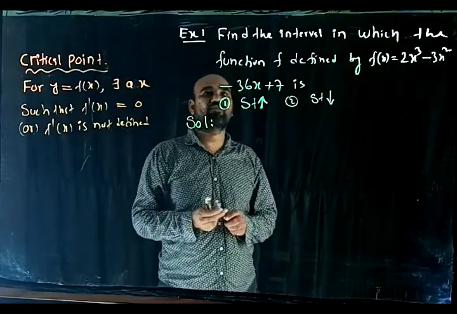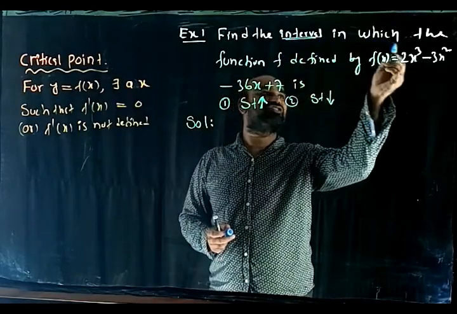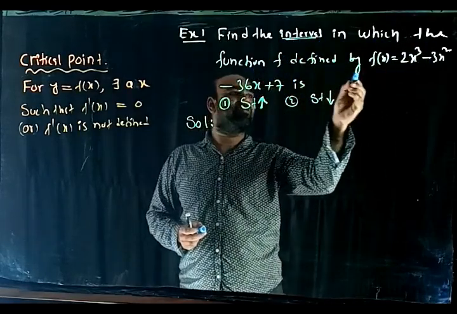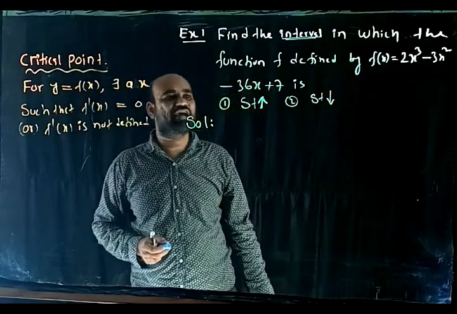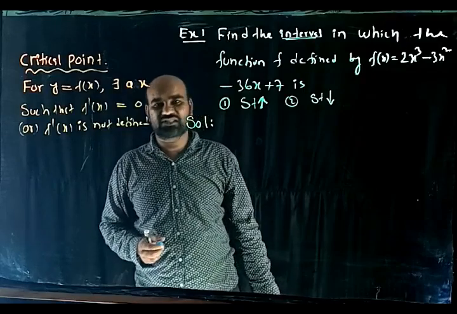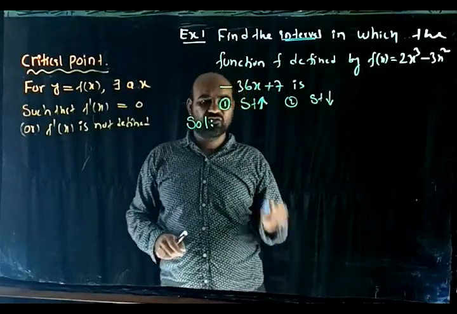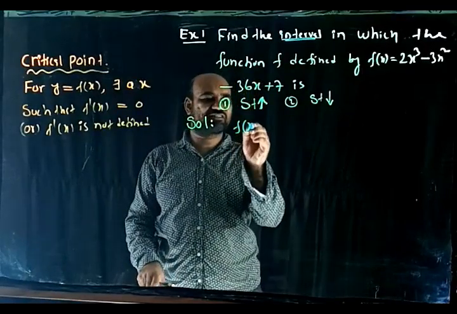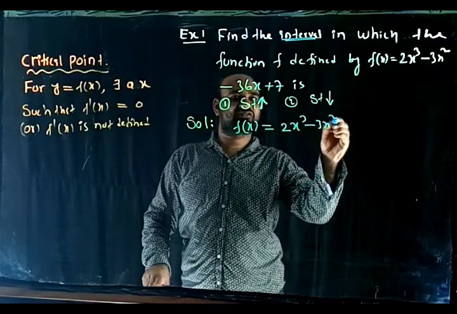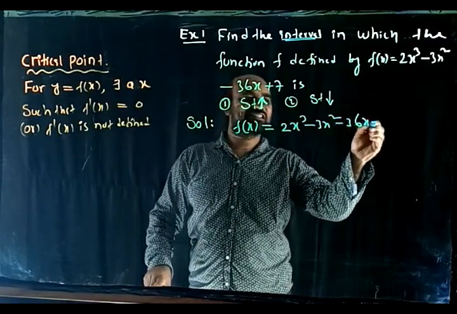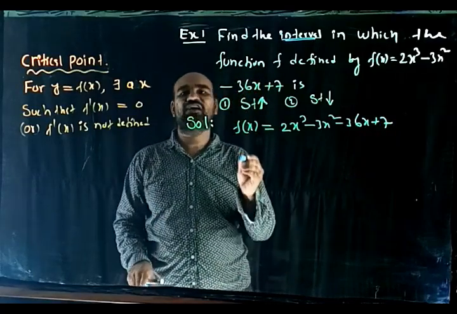One example problem. Find the intervals in which the function defined by f of x equal to 2x cube minus 3x square minus 36x plus 7 is strictly increasing and strictly decreasing. First of all, write f of x: 2x cube minus 3x square minus 36x plus 7. The concept is completed, so we need to find f dash of x first.